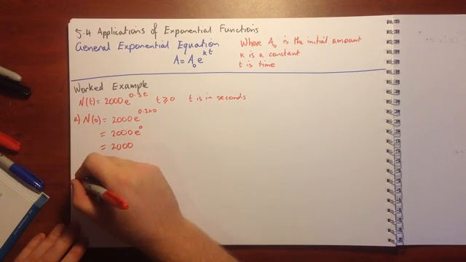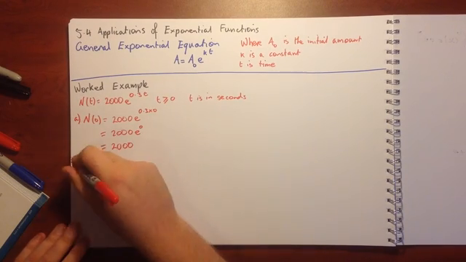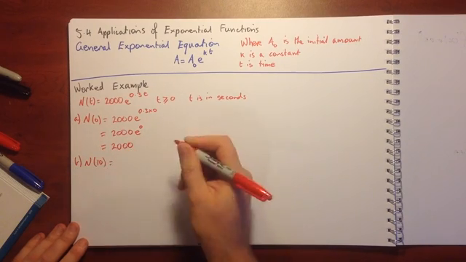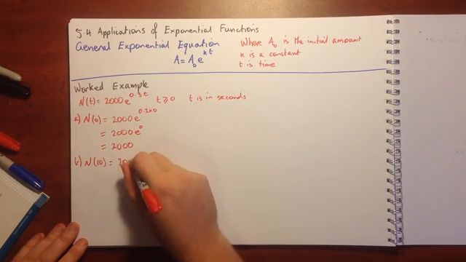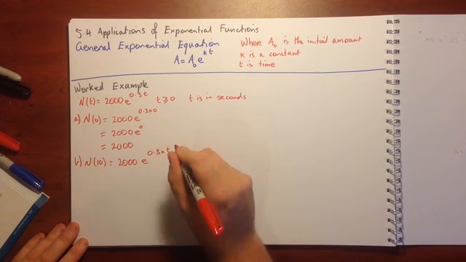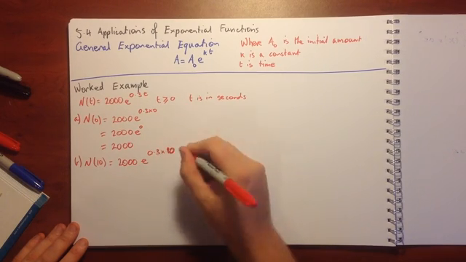Part B is how many bacteria, to the nearest whole number, are present after 10 seconds. So for B, we're looking at N of 10. We have 2000 e to the 0.3 times t, and we know t is 10.